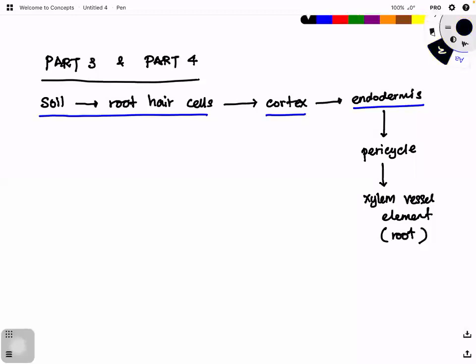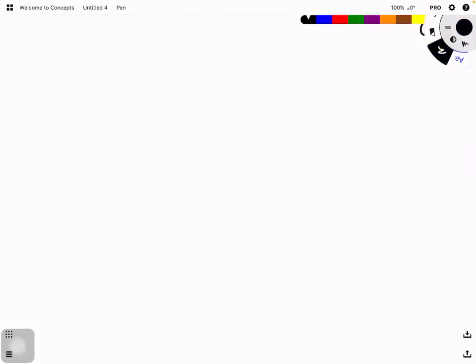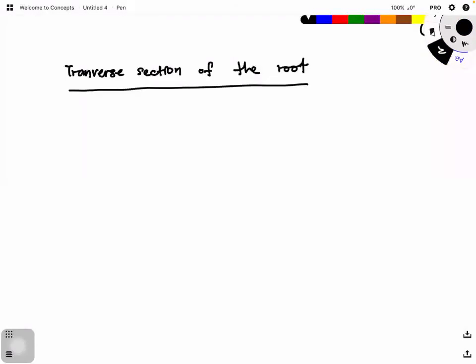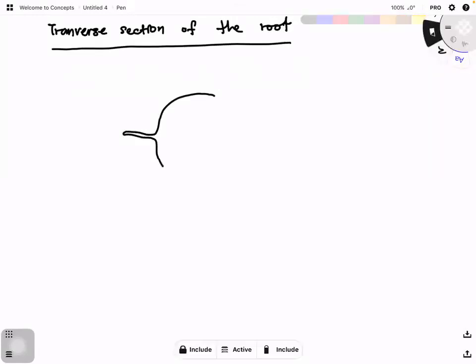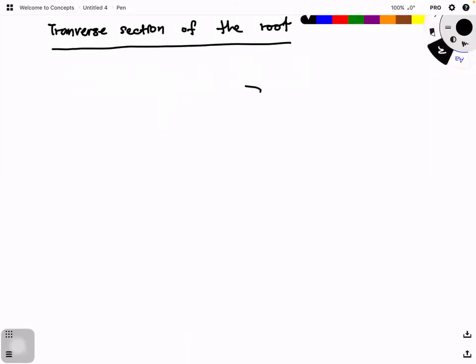So before we start, let us look at the cross sections of the root, the transverse sections. So first of all, you can see that the roots have the root hair. Let me draw this, it's way easier. Draw large enough.